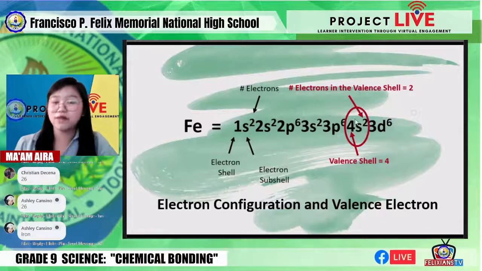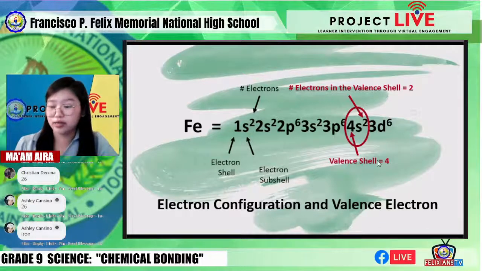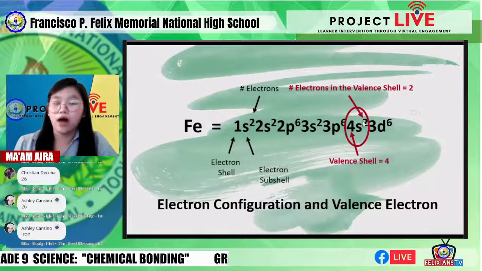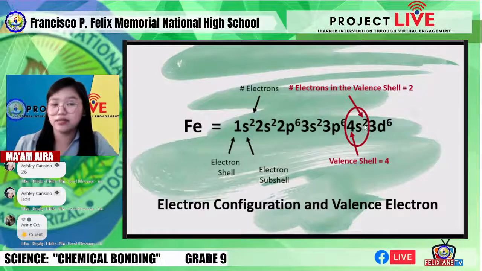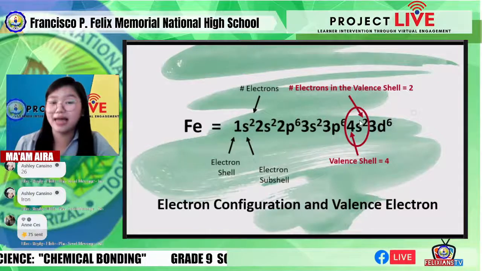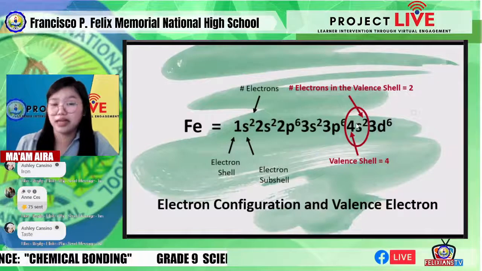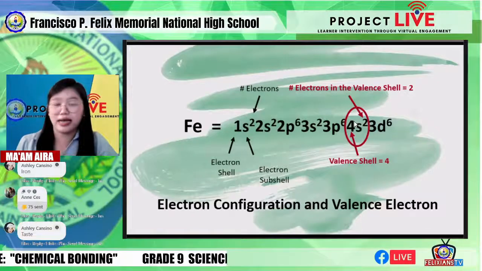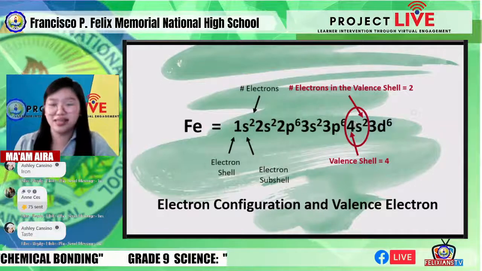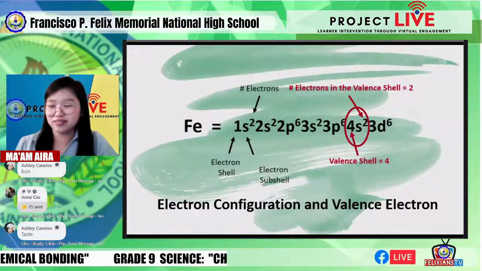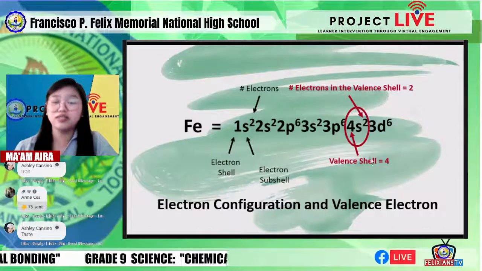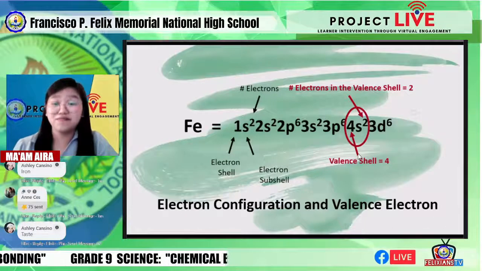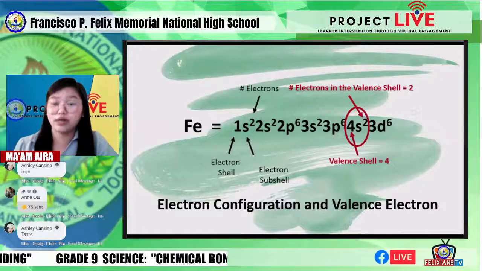So again, our valence shell is 4. Now, how many electrons does this valence shell have? Ilan yung electron na kayang i-hold ng valence shell 4? Again, if you have your answers, please type in on the comment box. How many electrons can valence shell number 4 hold?